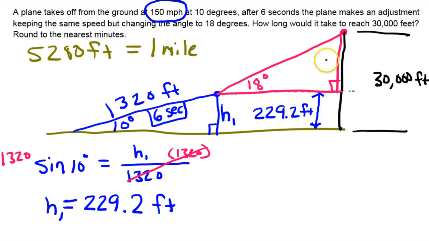Okay, so what I say, we have 29,770.8 feet. Okay, that is this height right here. All right, I'm kind of switching up my colors, but 29,770. All right, fine. It's bugging me too. I'll put it over here.